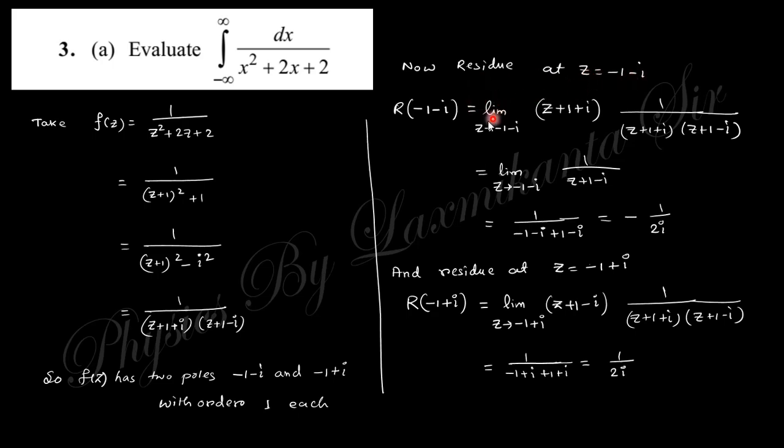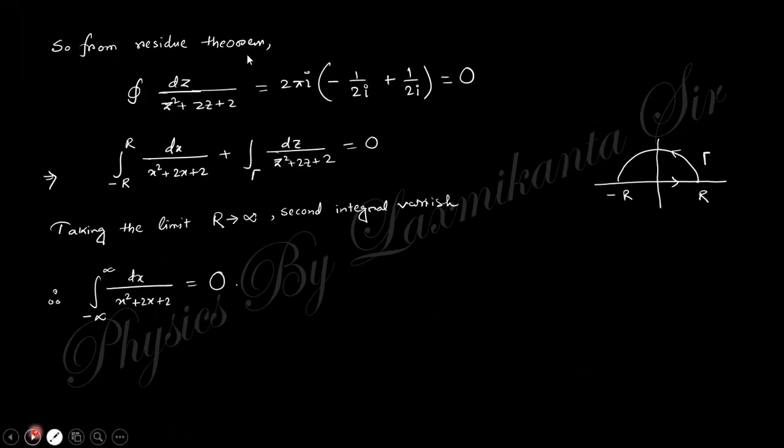So the residue at this point is nothing but, putting this value, we get -1 by 2i, and the residue at this one is 1 by 2i. From the residue theorem, now adding these two, and these 2 points are actually within this region. So these two added up equal 0. So this one is 0. So finally the integral value will be 0.